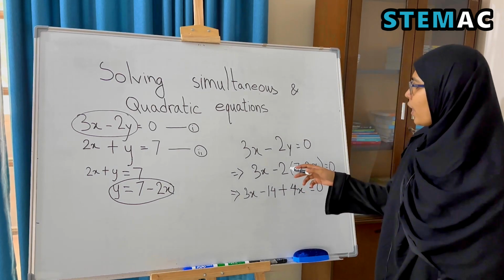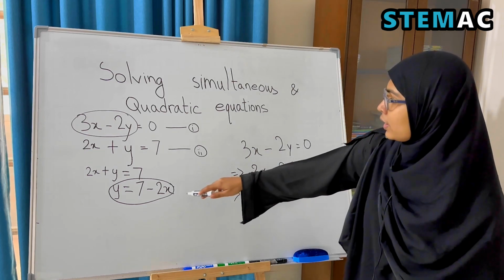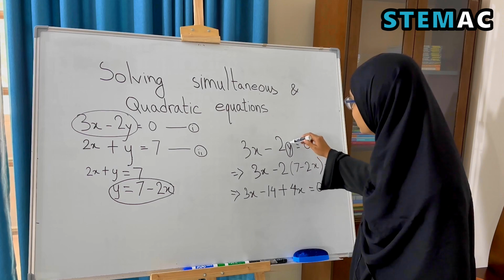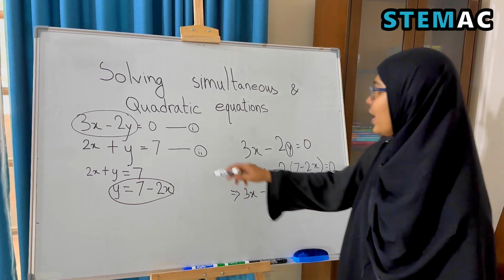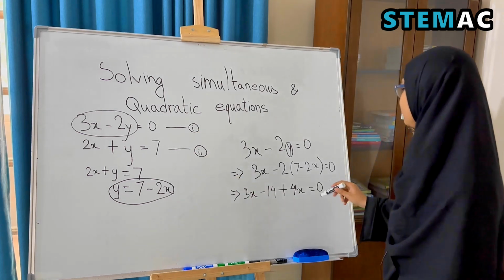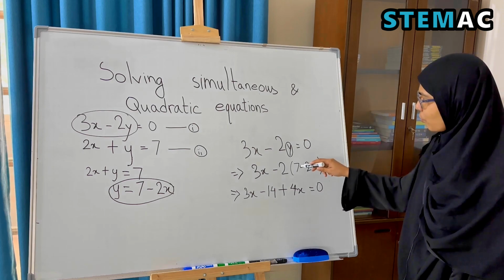So here what we did is we substituted this y with 7 minus 2x that we derived from equation 2. So we put 7 minus 2x instead of y.